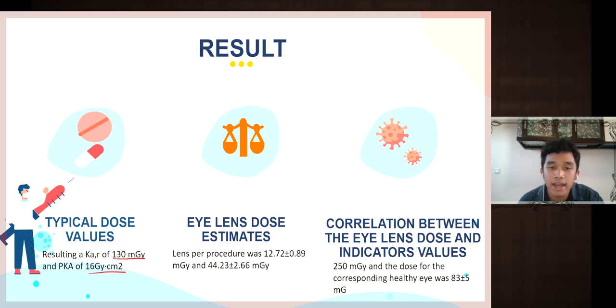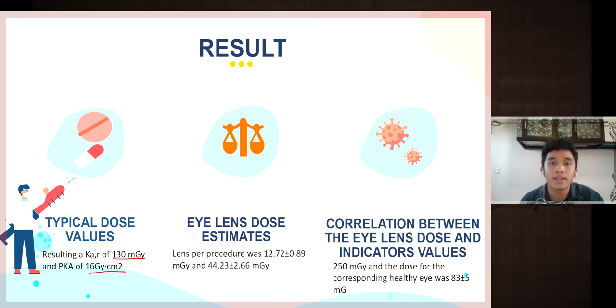The next one is the lens dose estimate. First, a sample of 10 interventions was used to estimate the lens dose. The age range of the patients was between 0 until 4 years, and the mean age was 31 months. The patients had undergone an average of approximately 2 interventions.